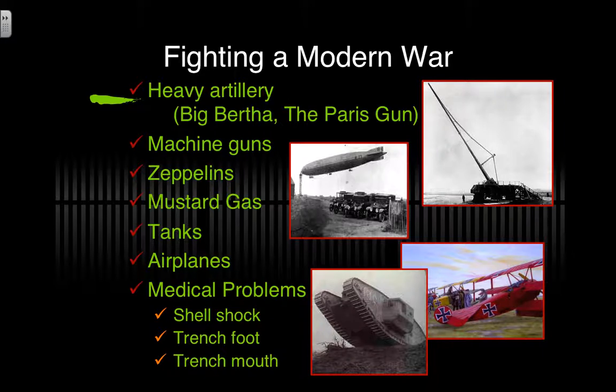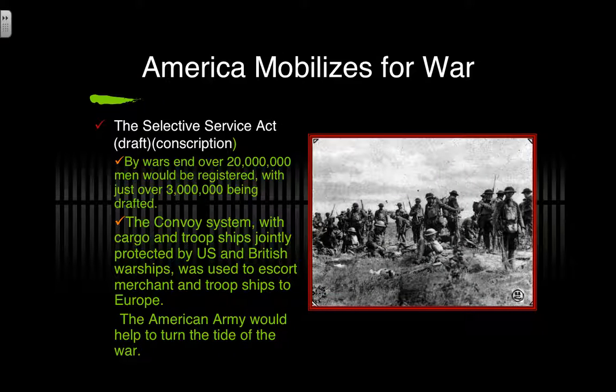But the main focus of this lecture is really about the United States involvement in the war. And the United States had a tremendous impact once we did declare war on the Central Powers, with more than 3 million American men being drafted into the U.S. military.